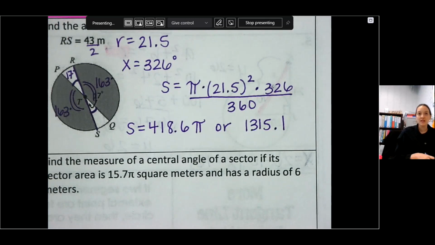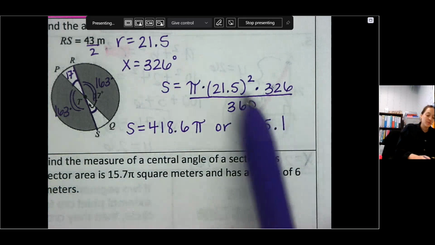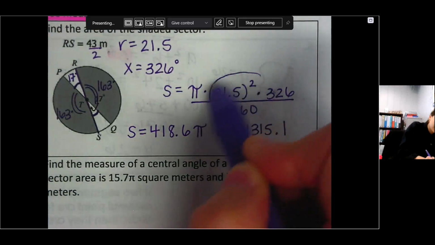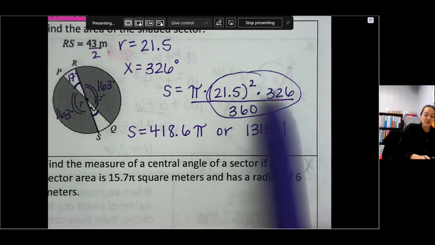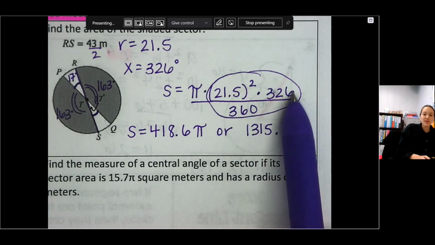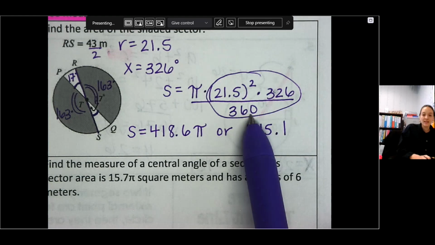So either you can do this whole piece right here, 21.5 squared times 326, and then whatever that number is divided by 360.